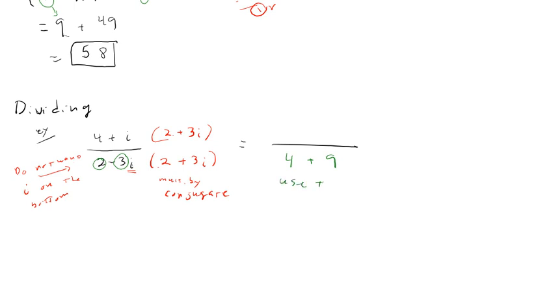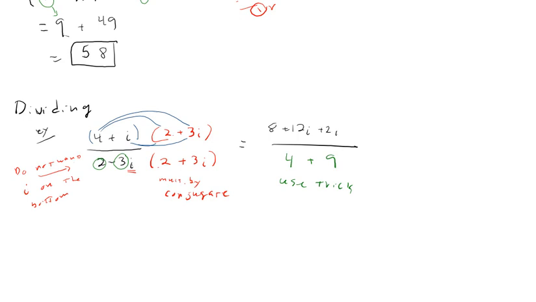On the top part, I need to do a little bit more distribution. I need to actually multiply these two things together. So 4 times 2, that's going to be 8. 4 times 3, that's going to be plus 12i. i times 2, that's going to be plus 2i. And then i times 3 is going to be plus 3i squared.